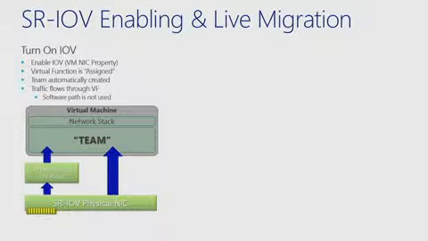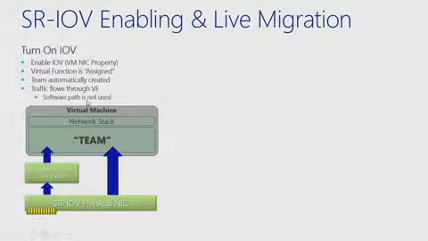I'm using quote-unquote NIC inside the VM, because all we're really going to see is a NIC, but it's effectively a kind of automatic team that we've created. All of the traffic, and the reason we've added SR-IOV in the first place to this VM is for performance. So all of the traffic that we want to optimize for performance is going through that virtual function. So it's going through the SR-IOV capable bit. The software path that was initially there is not used.